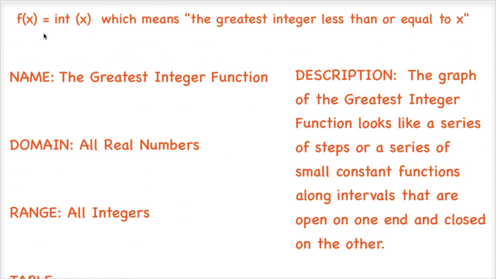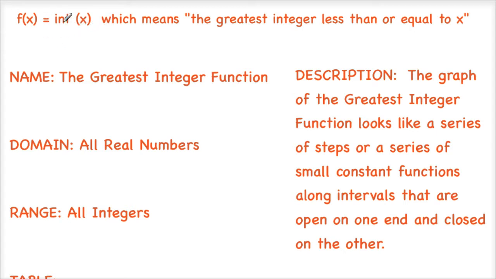So first of all, f of x, you'll see this written a couple of ways. Some textbooks will just say int x, which if you want to use your graphing calculator, you'll go to a menu and you'll see the int button. You'll also see an abs for absolute value if you ever wanted to graph that.